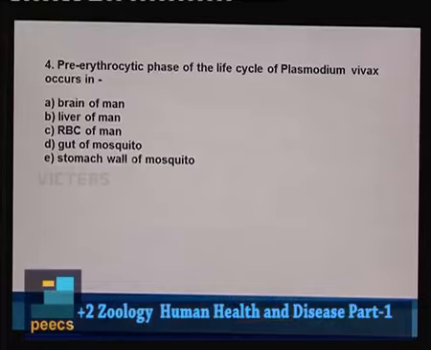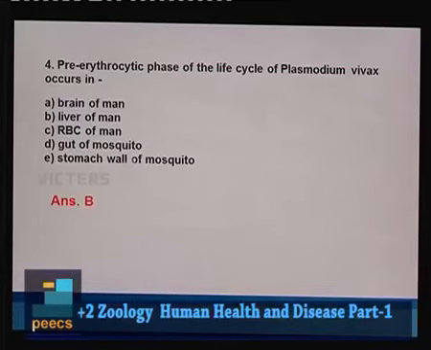When it enters into RBC, the life cycle is considered to be the erythrocytic cycle. But the pre-erythrocytic phase means before entering into RBC. So, it will be in the liver, because Plasmodium vivax affects first the liver cells, then RBCs. So, the correct answer for this question will be option B.